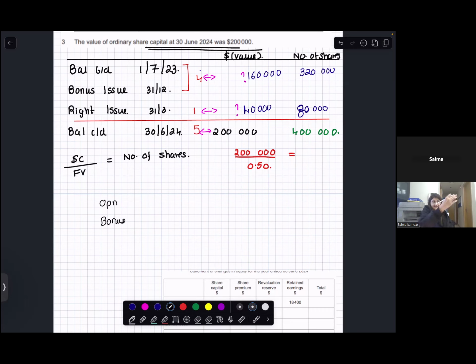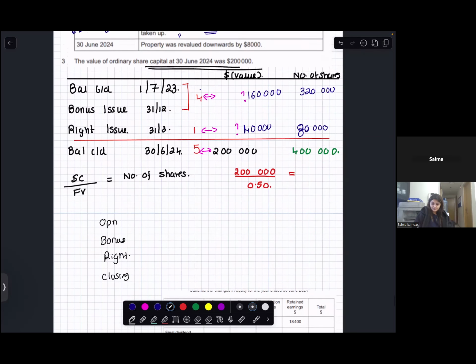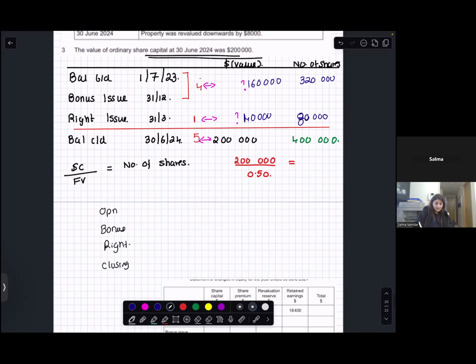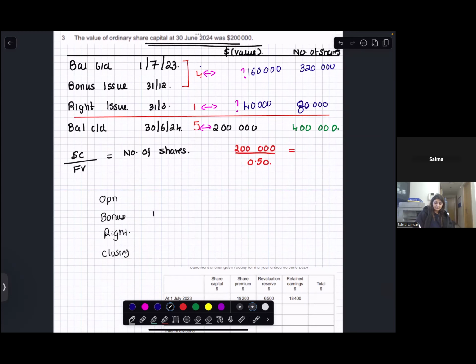I want you to try and think and work out. I have the right issue and I have the closing balance. Bonus is how much? One ordinary share for every 7 held. So the total would become 8. Please try it out.